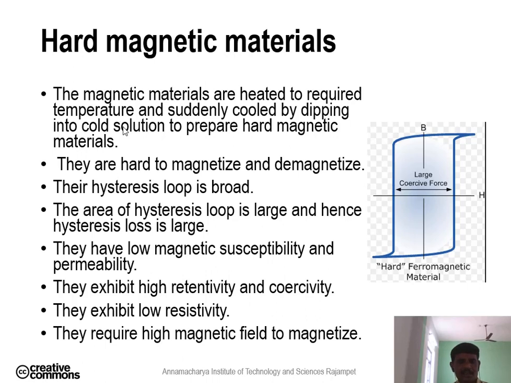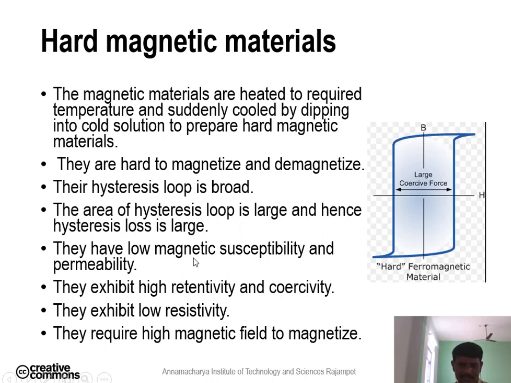To prepare hard magnetic materials, the materials are heated to the required temperature and suddenly cooled by dipping into a cooling solution. So they are hard to magnetize and demagnetize. The magnetization and demagnetization of these materials is difficult. Their hysteresis loop is broad. The area of the hysteresis loop is large and the hysteresis loss is large.